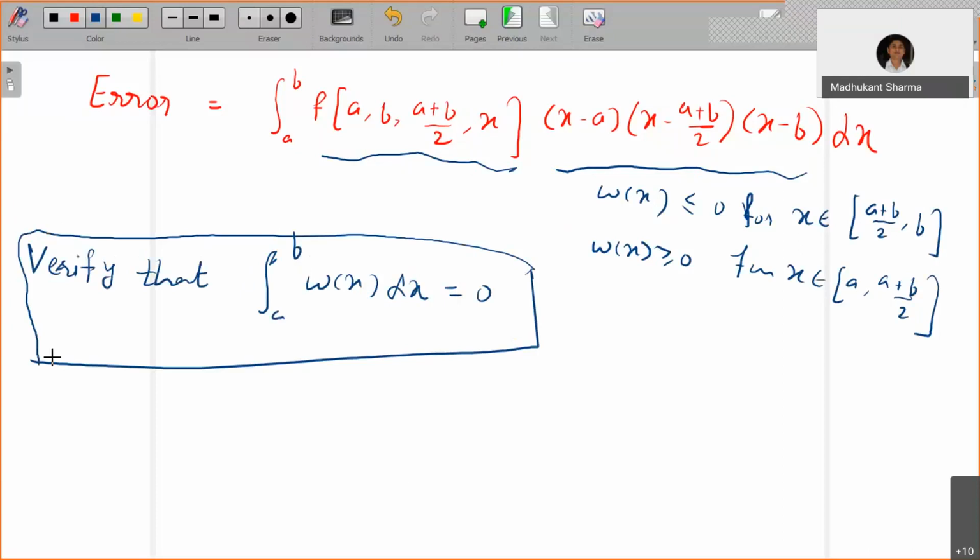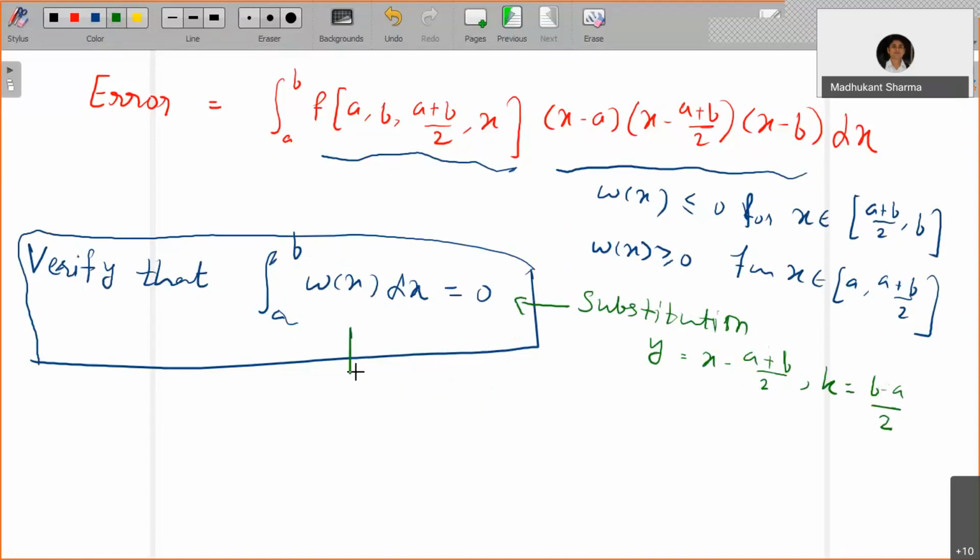This you can verify. It's very simple. You have a cubic polynomial, and you simplify it and use the integral. That's one way. Or you can have an alternate way: just substitute in this integral. You can use the substitution y equals x minus (a plus b)/2 and take k equals (b minus a)/2.